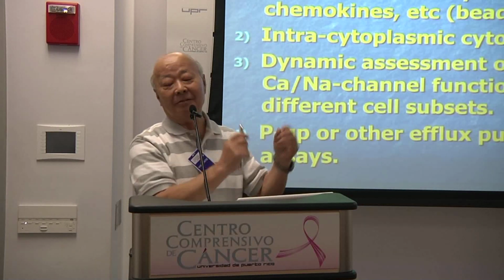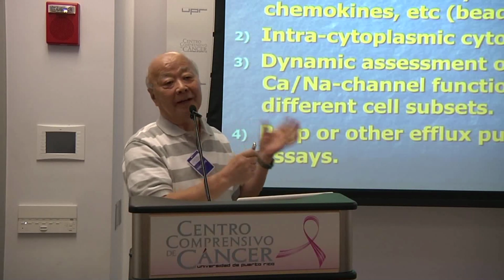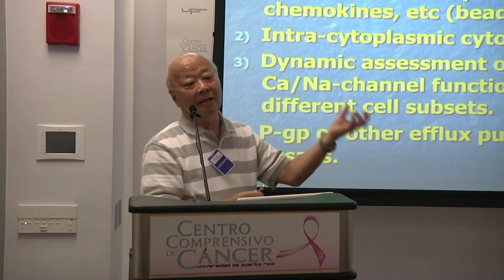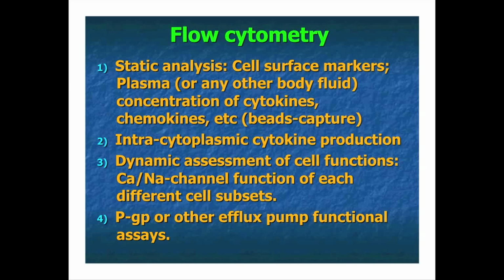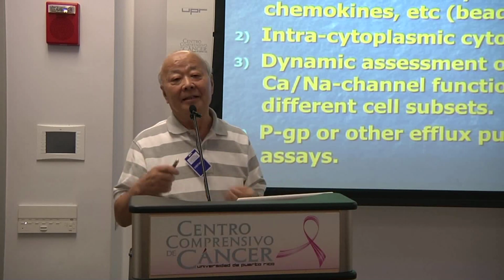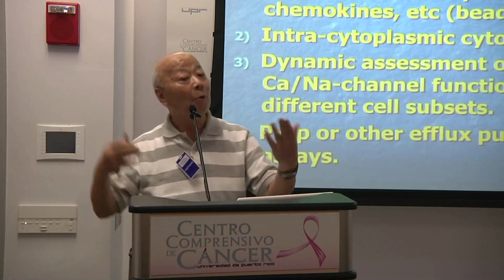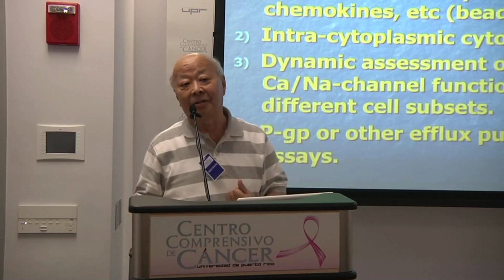You can tag with a cell marker and analyze the channel function of a certain cell subset. And this is one of the things we have been doing. For example, the PGP and other efflux proteins. So we can look at the efflux function of, for example, PBMC or whatever the target you want to look at.